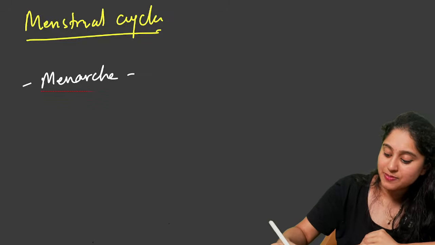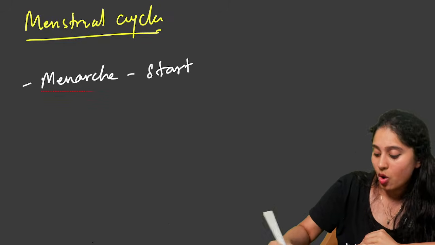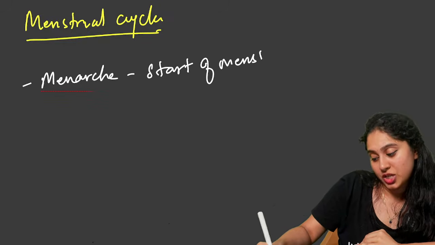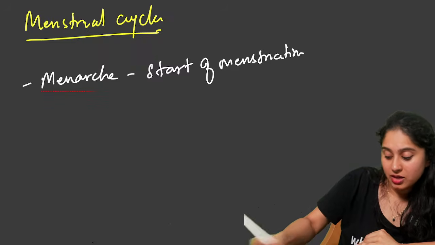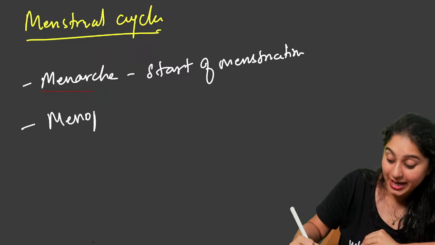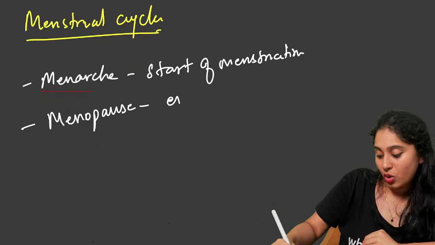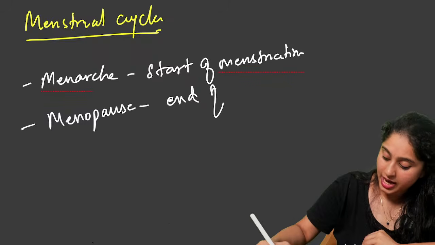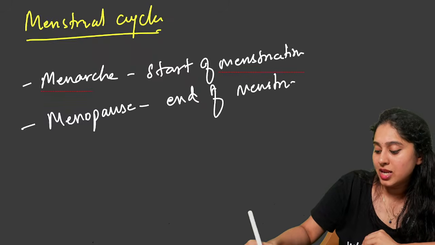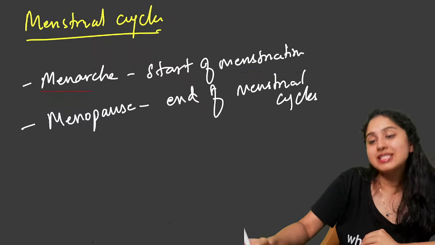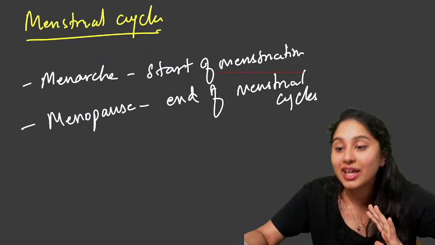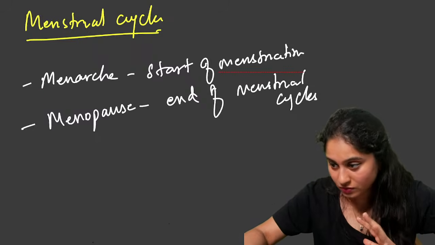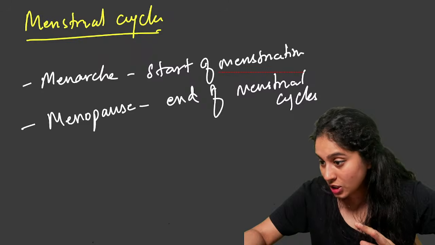So this menarche is the start of menstruation in the woman, and menopause is the end of the menstrual cycle. So unlike in males, it will not happen throughout life for women.